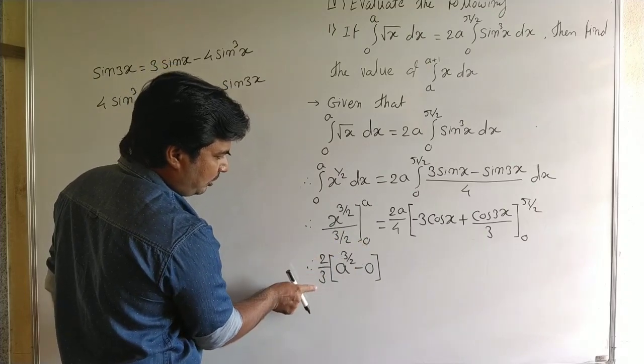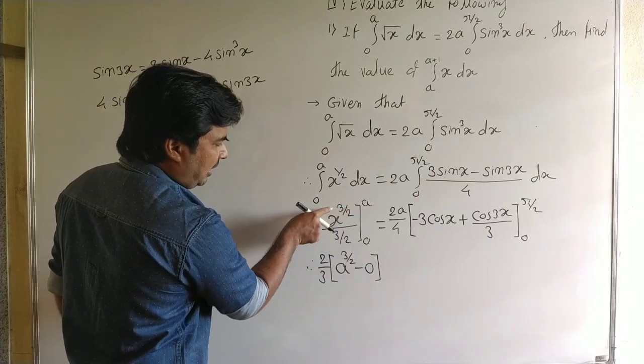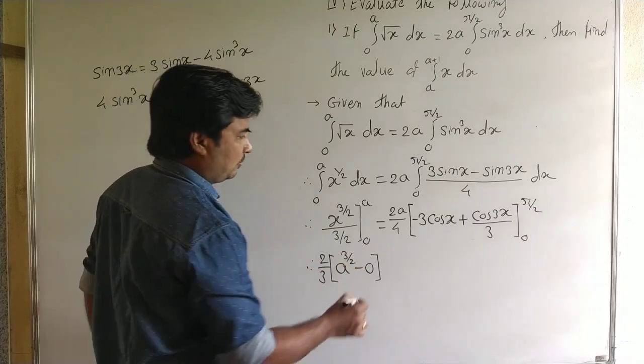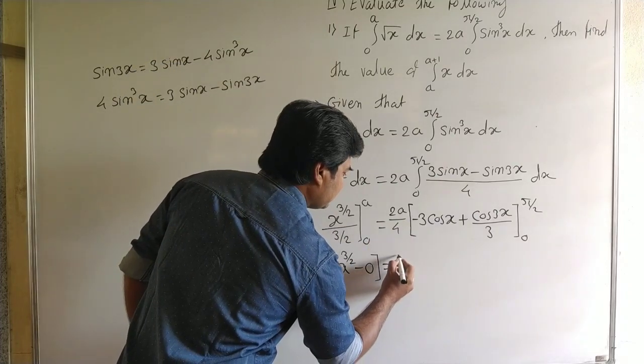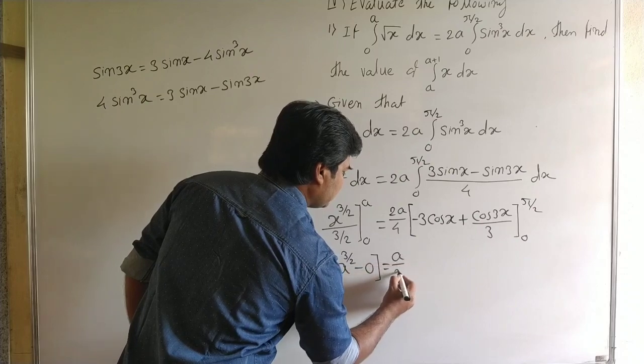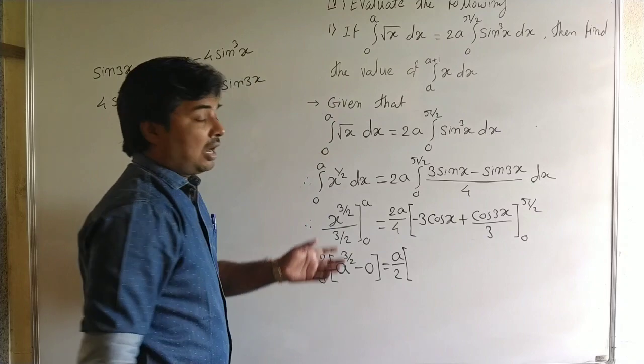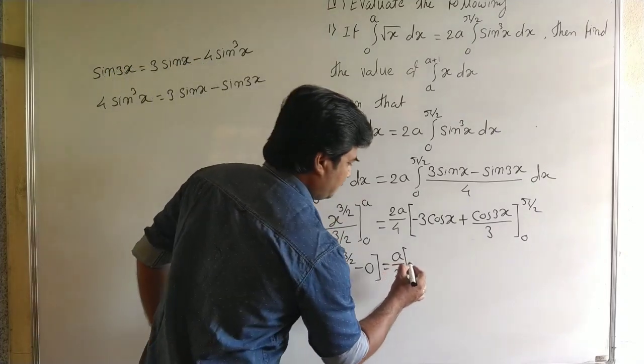Here it is 2 by 3, upper limit a to the power 3 by 2, and 0 to the power 3 by 2 is 0. Now here the 2 gets cancelled, and again upper limit minus lower limit.